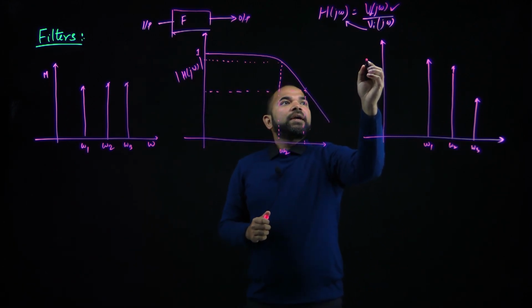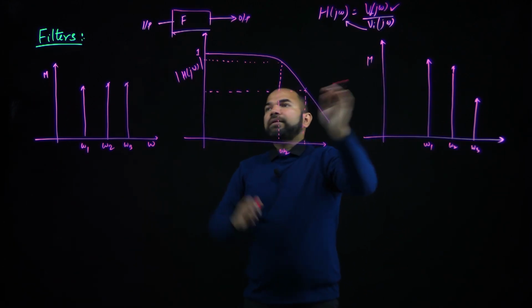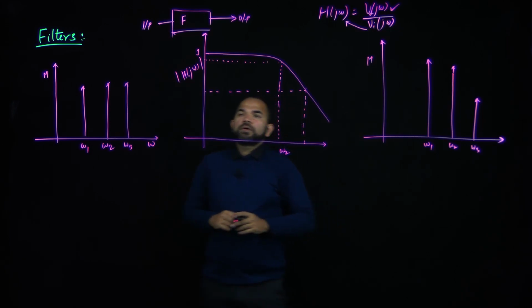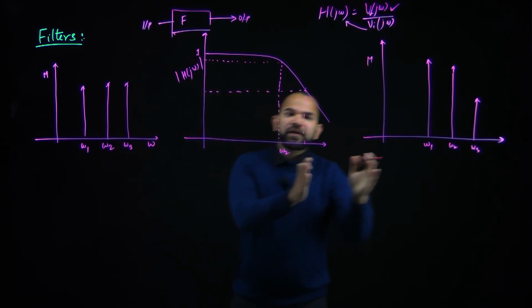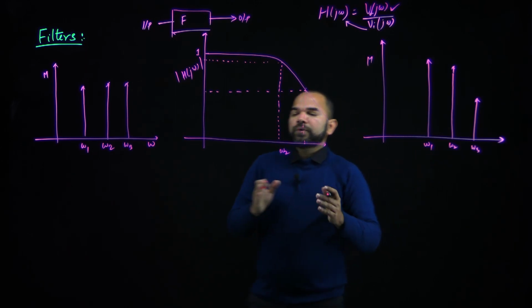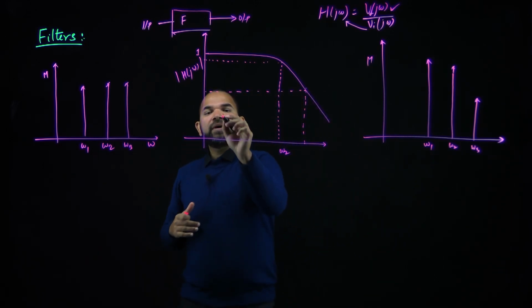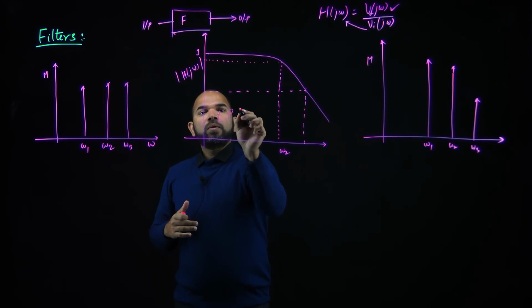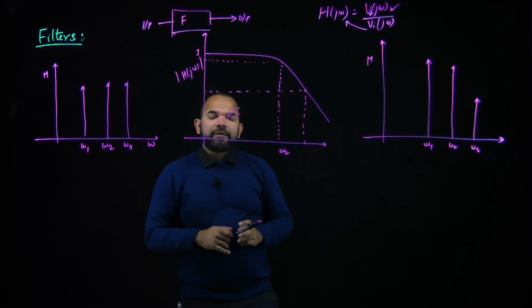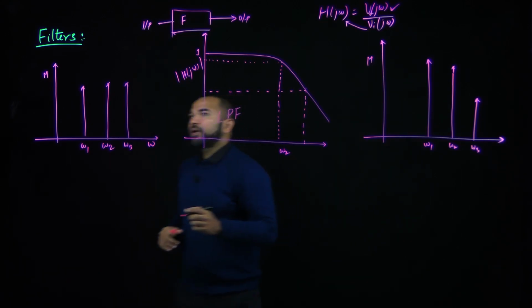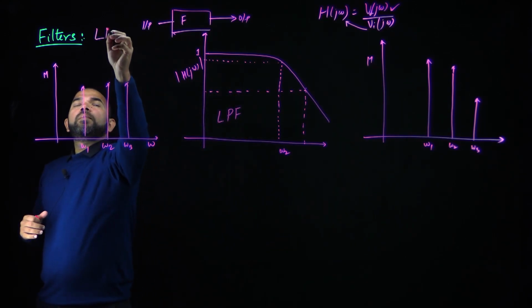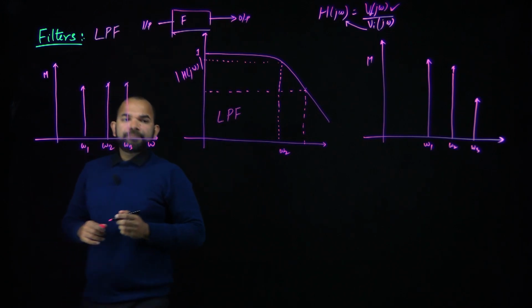So if we need to define this transfer function, it is passing all the lower frequencies and rejecting higher frequencies. This filter is known as a low pass filter. So one type of filter is the low pass filter.